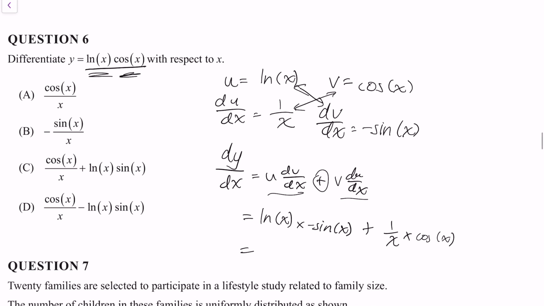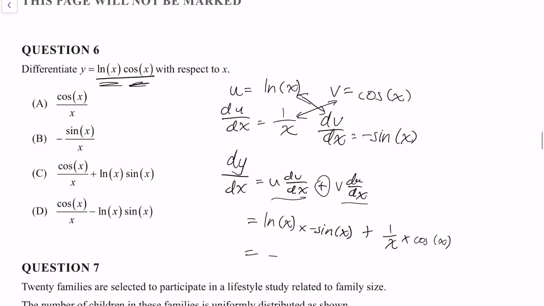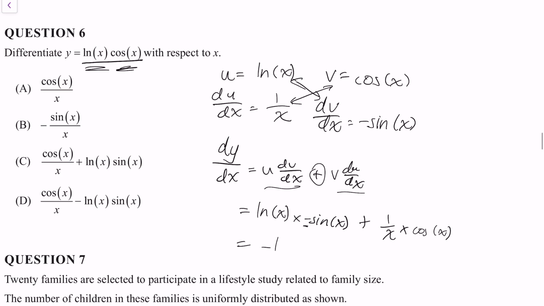And then here I can just go negative. I like to put my negatives out in the front so I can make sure I got my negative signs correct, because that's a very easy way to lose marks. And I just like to put this on the numerator, cos x over x.